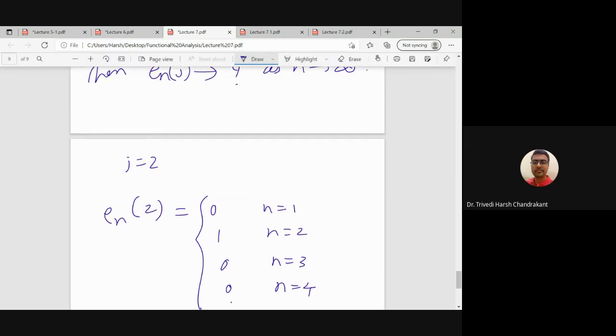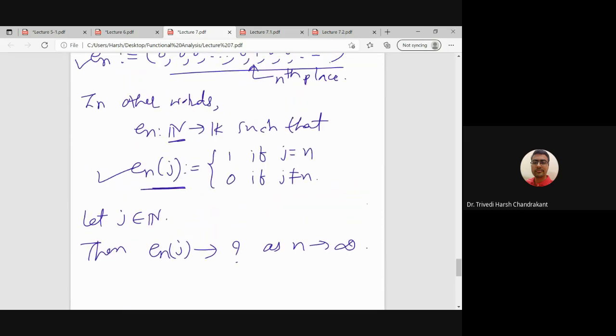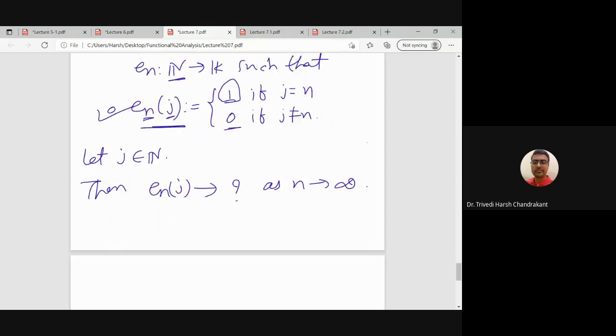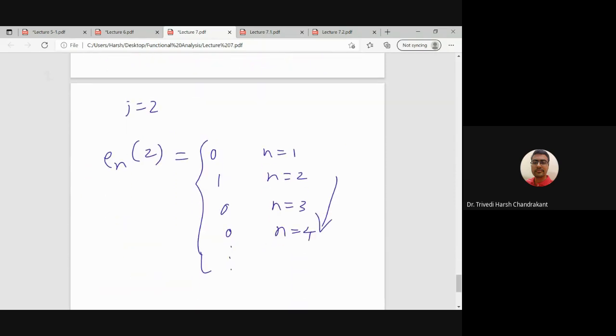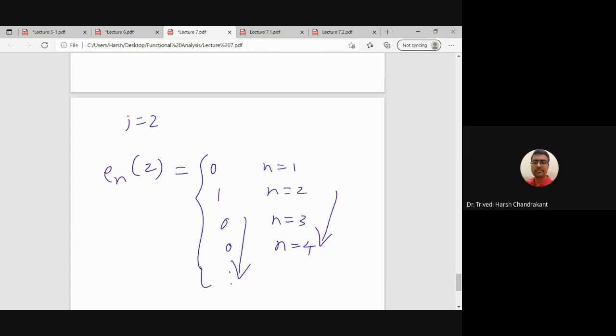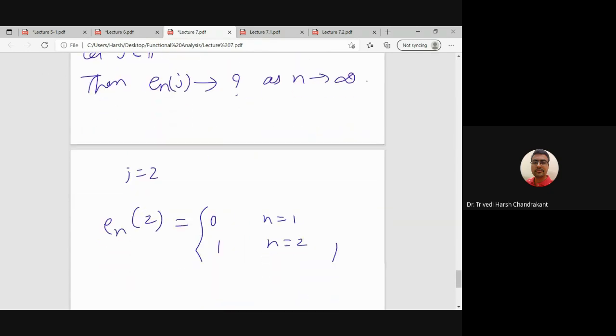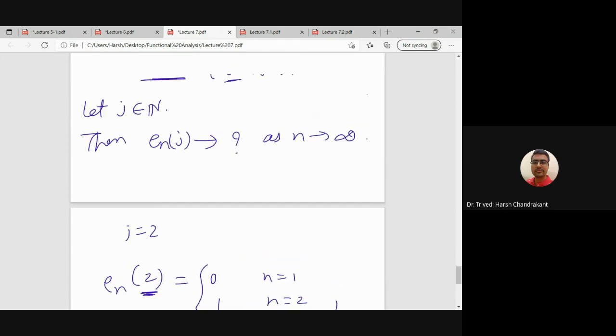Because this function is basically a kind of delta function, whenever these two are the same, only then the value is 1, otherwise it is 0. Now we can see that if n goes to infinity, the value is 0 for large n. So that means en converges to 0 for j equal to 2. Similarly for 3, for any fixed number, en,j converges to 0.